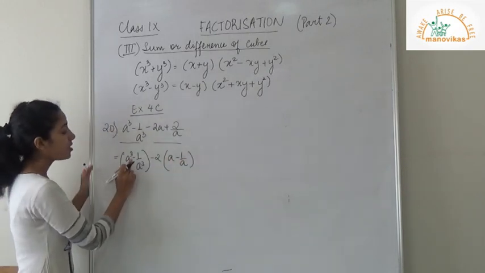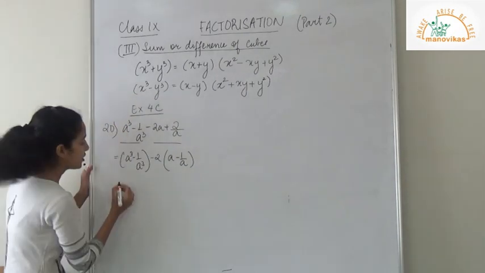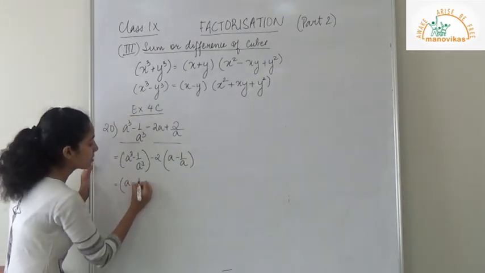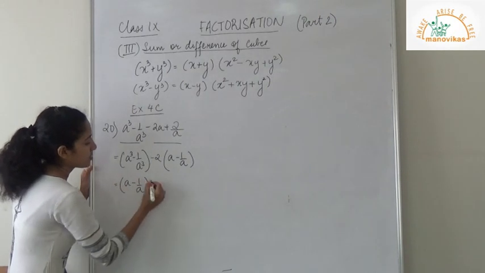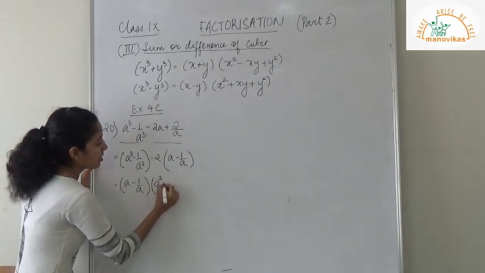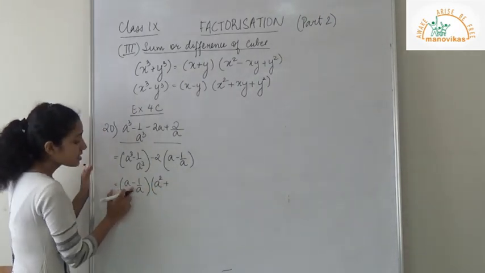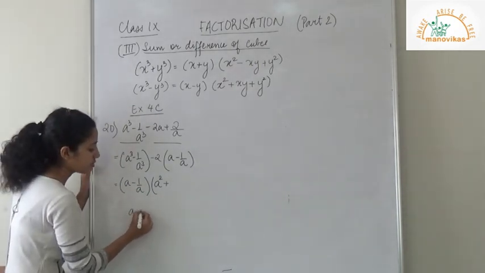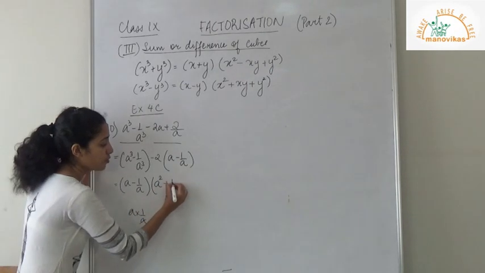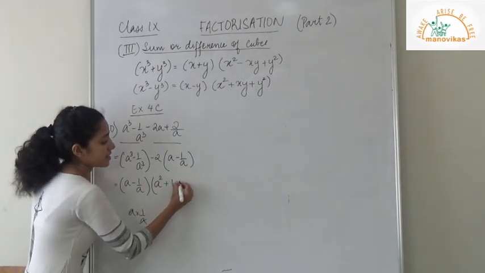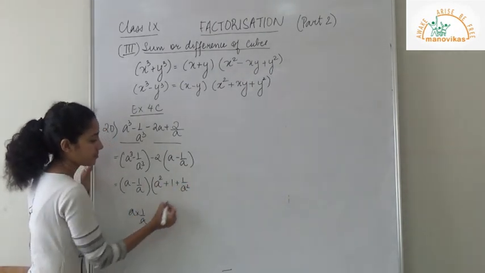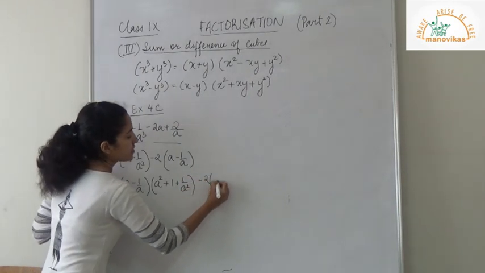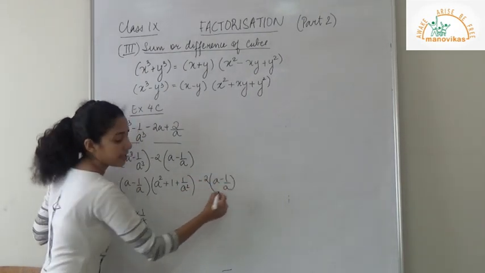Using the difference of cube formula here, I get a minus 1 upon a, then the square of a, square plus, since these are reciprocals of one another, they will cancel, as a into 1 upon a will give you 1, plus 1 upon a square, minus 2 times a minus 1 upon a.